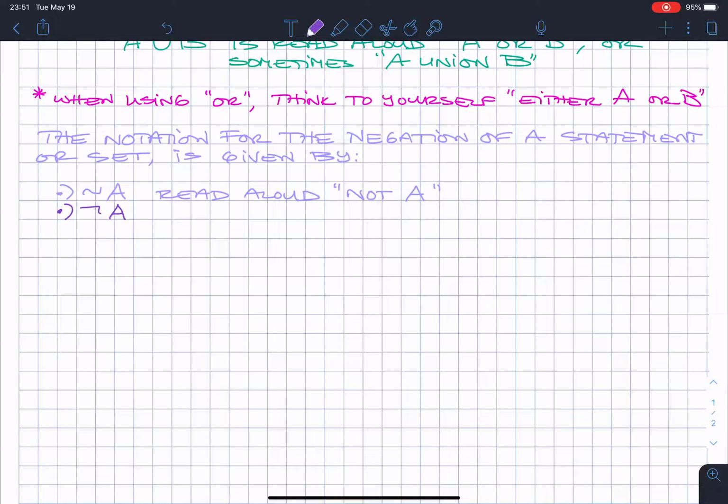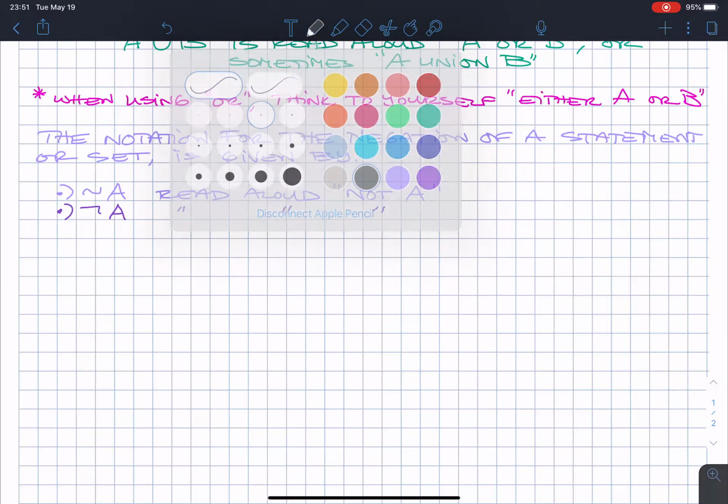This is also read aloud not A. It's the same thing. I'm going to use the first symbol. I prefer it.